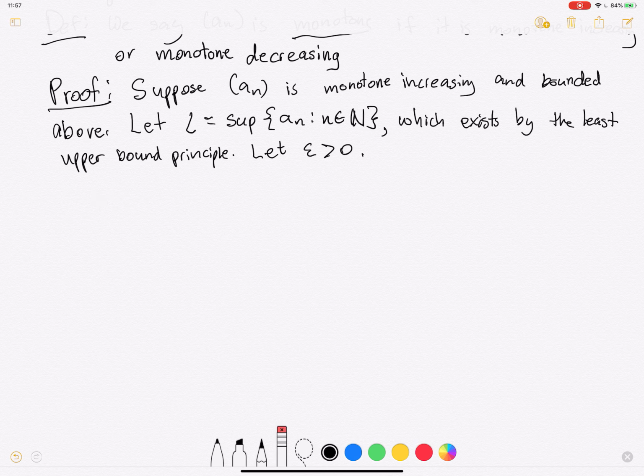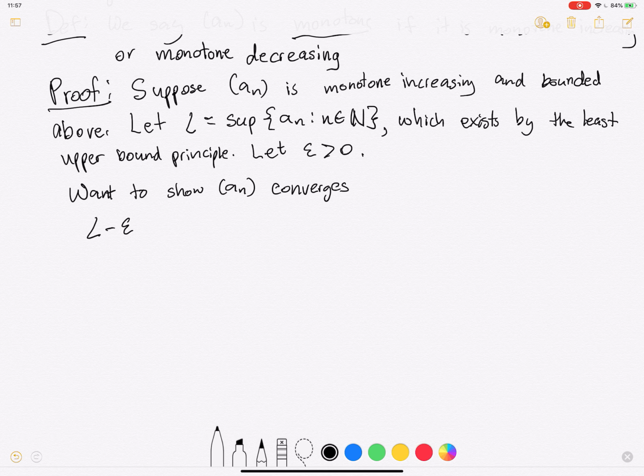Just so we're clear, it's not on the page anymore. So let's say we want to show a_n converges. So that's why we have this epsilon here.